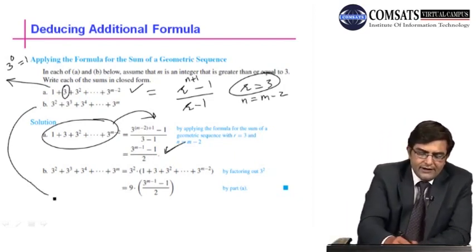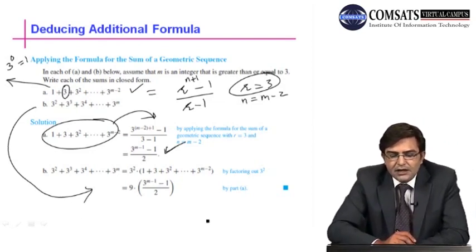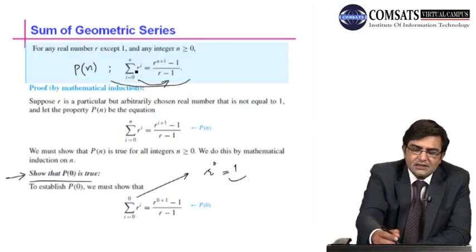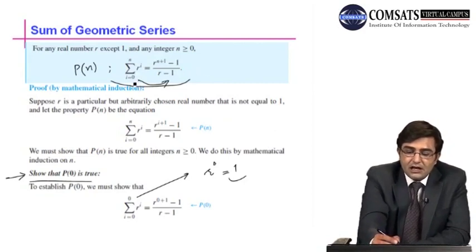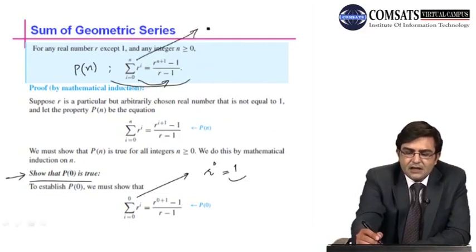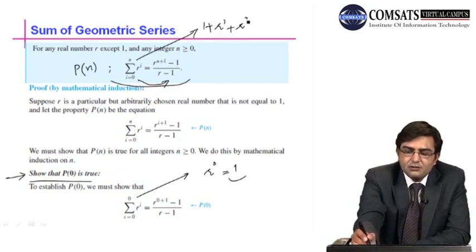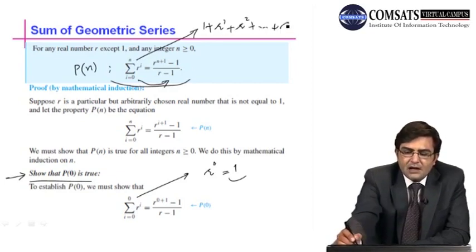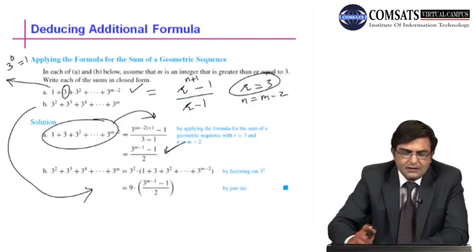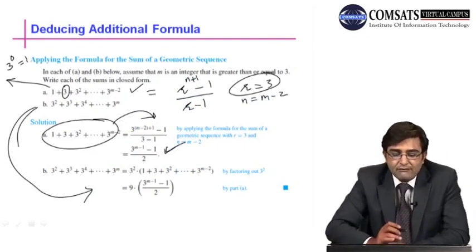Similarly, we can find the sum of this series. As you know, the geometric series expression basically starts with 1, because here i is starting from 0. So this expression is r power 0, which is 1, plus r power 1 plus r power 2 plus so on plus r power n. So here we have a 1, but in this expression we have 3 power 2, and we must have 1 here.